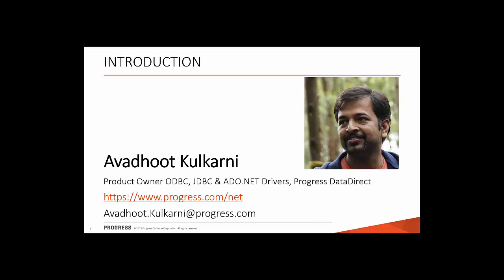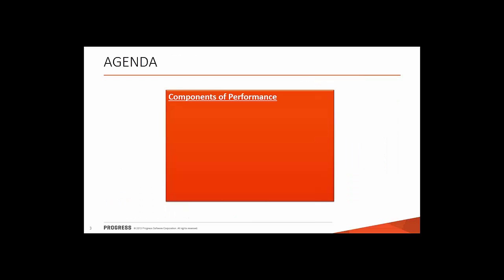So going forward, the agenda of today's session will be: what the components of performance are, how exactly the component is comprised, and what different components can affect performance in an application.